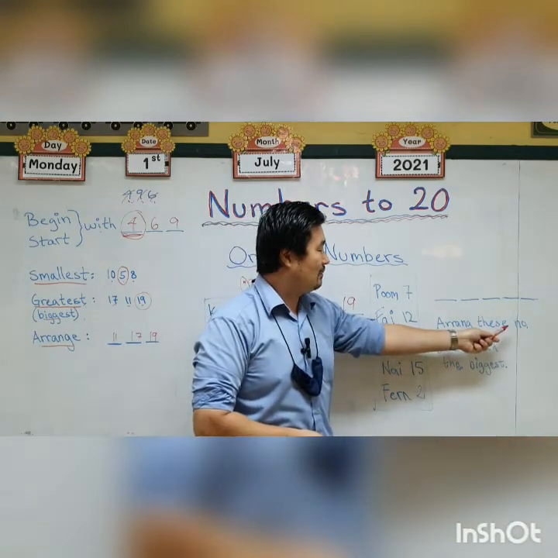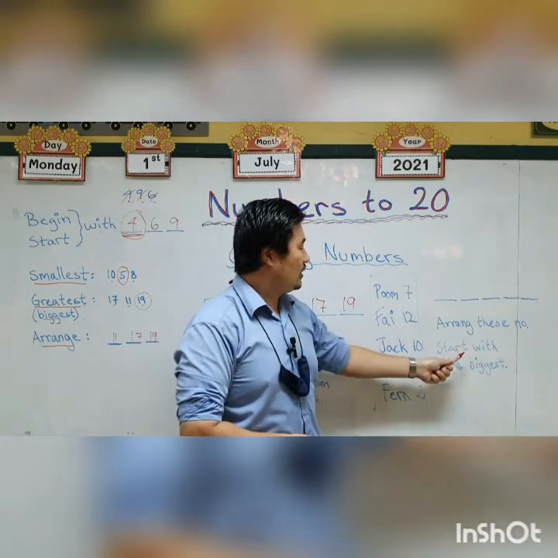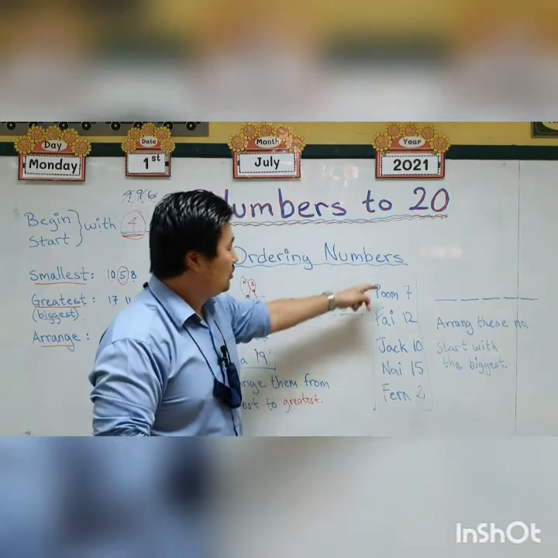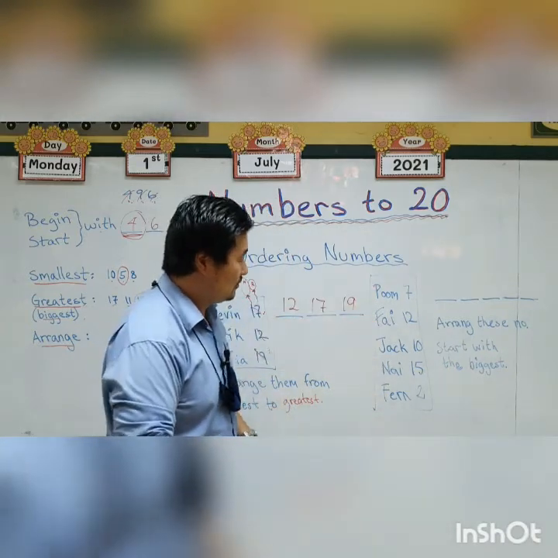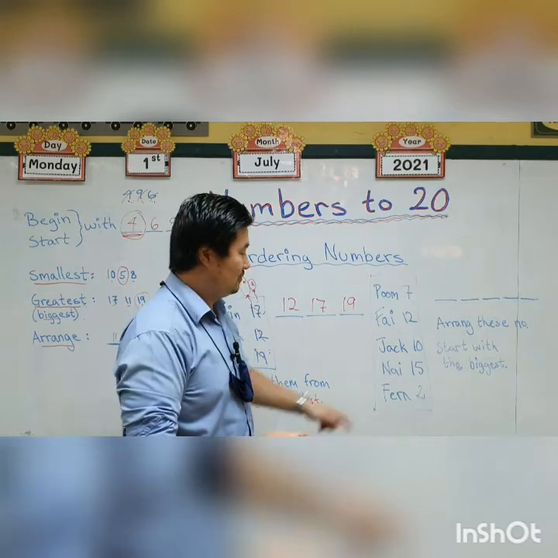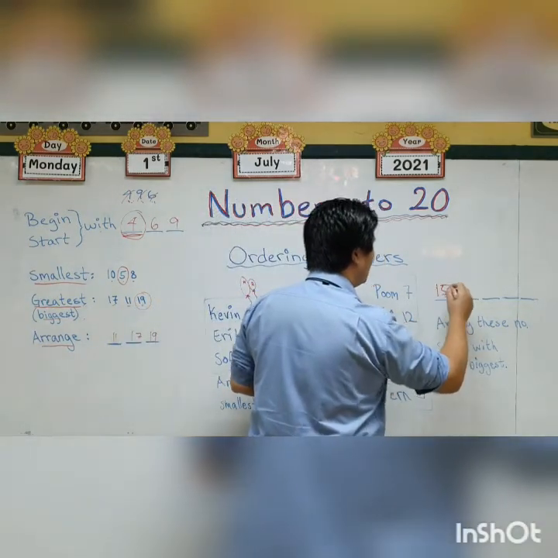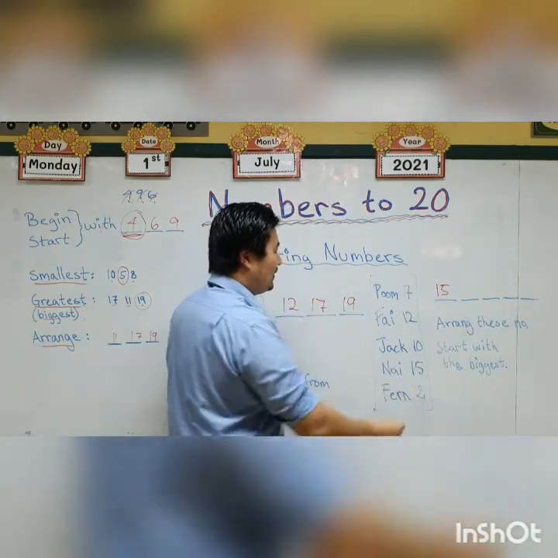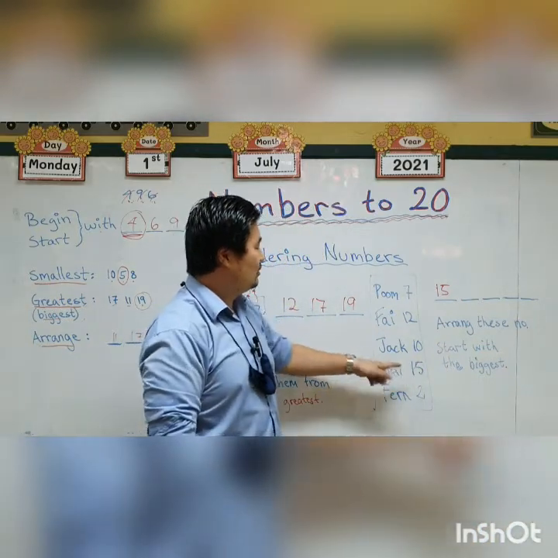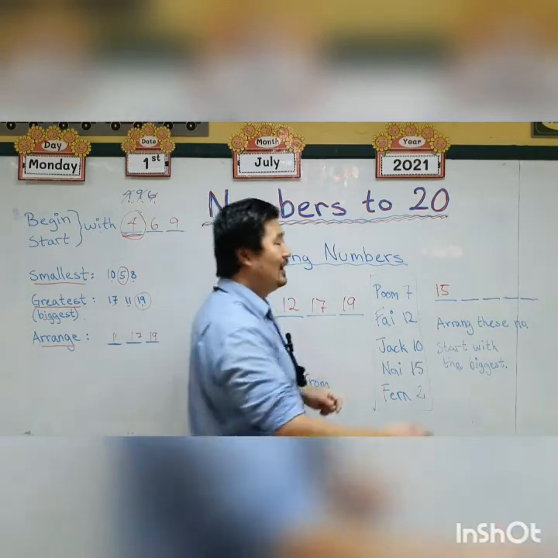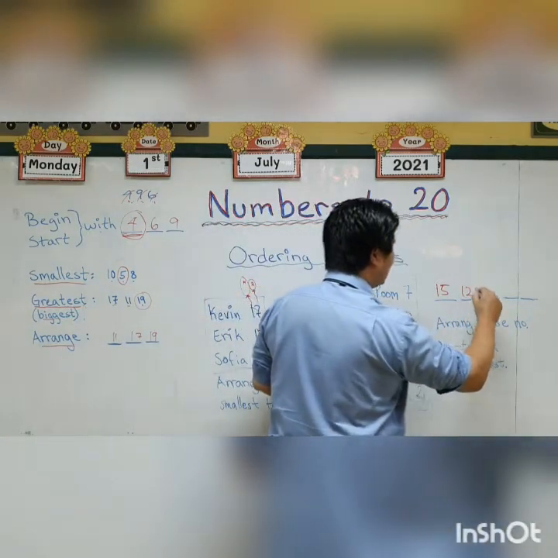Arrange these numbers. Start with the biggest. So who has the most flowers? Yes, 9. She has the most flowers. So you start with that number. And then after 9, who has the second most flowers? 12. Yes.